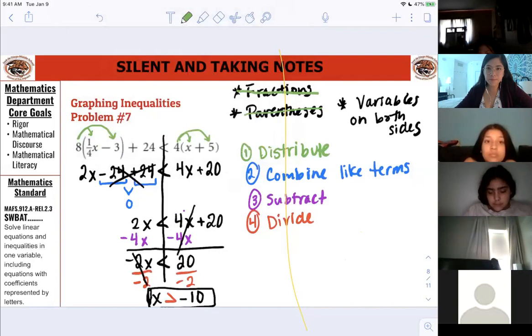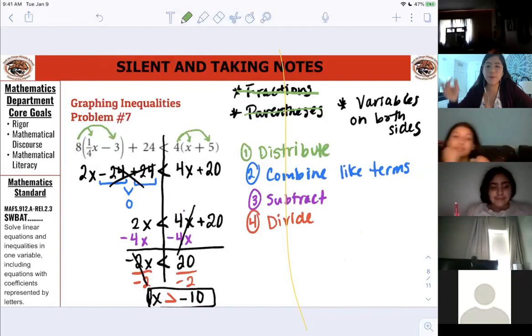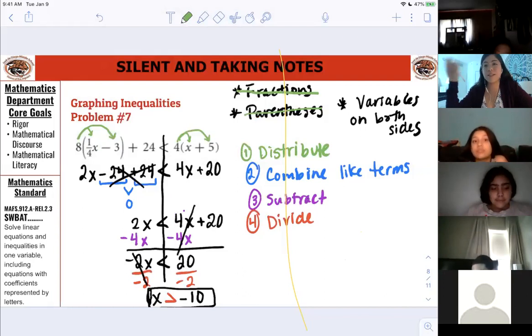I kind of get it now. That's good. Even if it's still difficult, that's okay, because I'm not saying these are easy. Even if you're the smartest person in this room, they're not easy problems. If you understand why I did each step once I go over it, that's what you should do. If you're looking at this and you're like, Miss, you could be writing Chinese right now and I would not understand anything, that's a different issue.